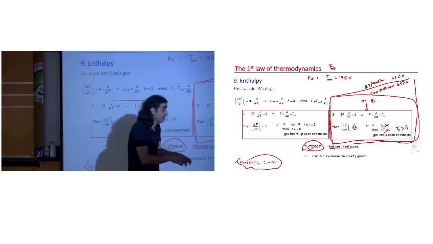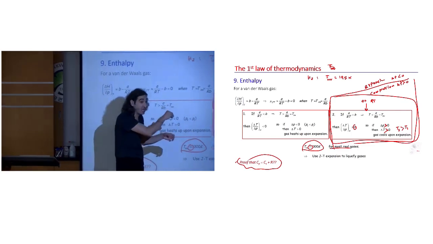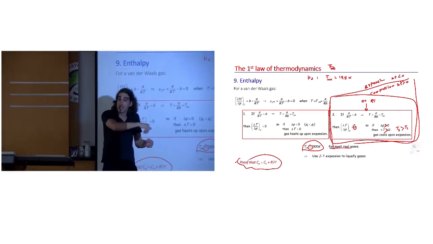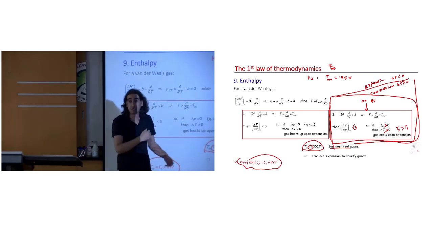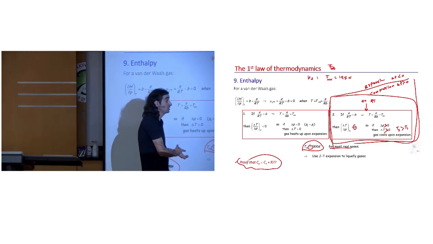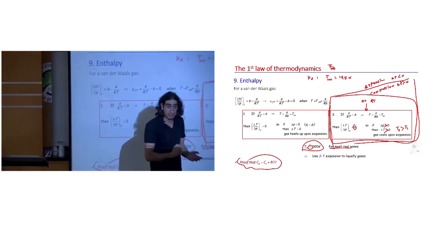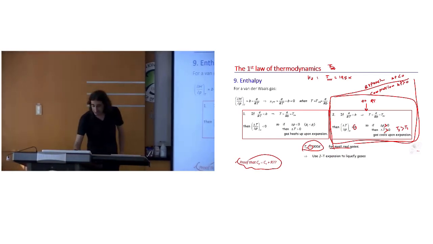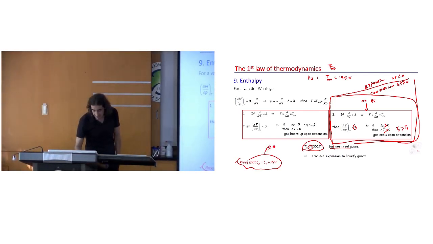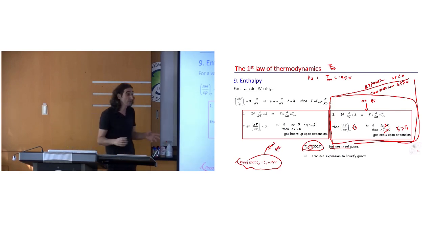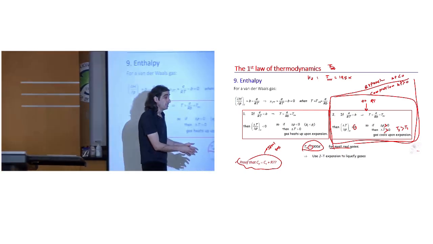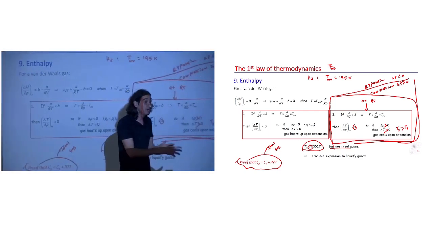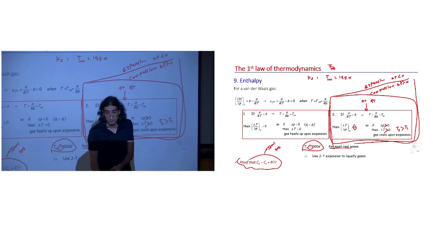We have a cycle, and in that cycle we go from A to B to C to A again, and then we can prove that this equation is right. But first we have to prove that this equation is right for an ideal gas, and this is important. Right now we have to distinguish between a real gas, an ideal gas, and a real gas which behaves as an ideal gas.